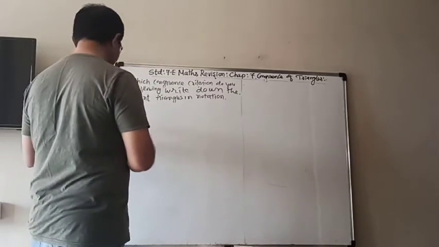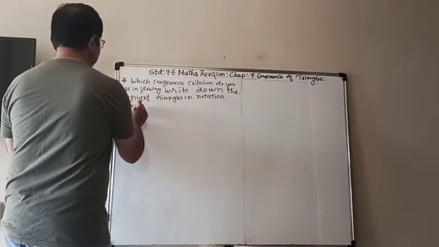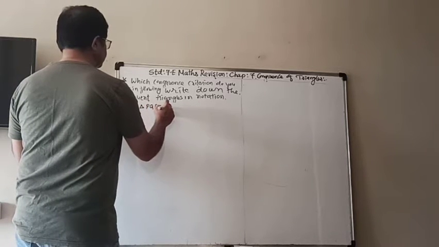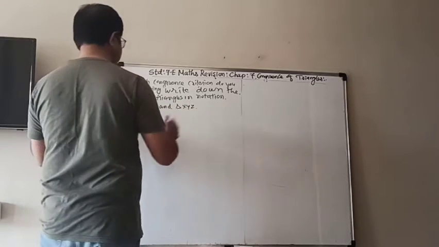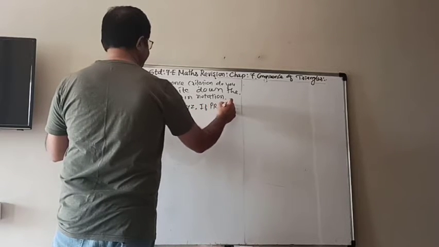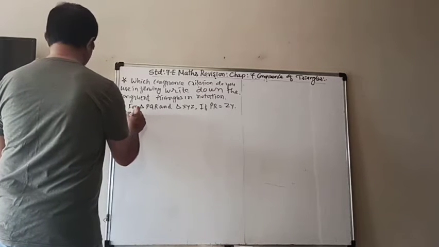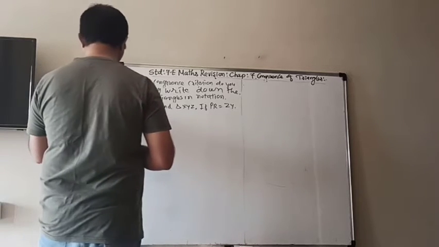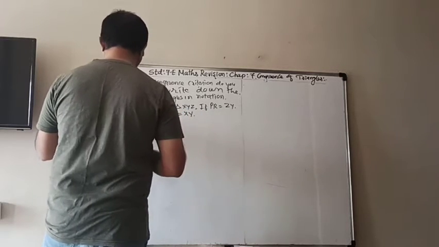Let us see the first one. For a triangle PQR and a triangle XYZ, if PR is equal to ZY, PQ is equal to XZ, and QR is equal to XY.